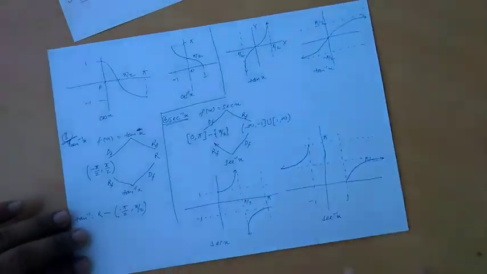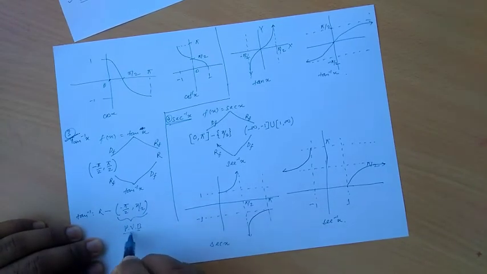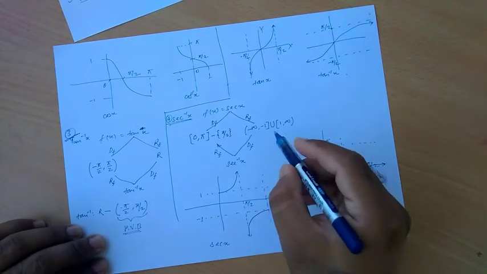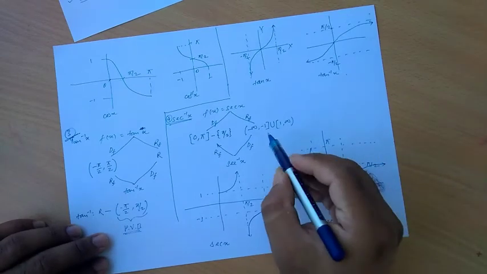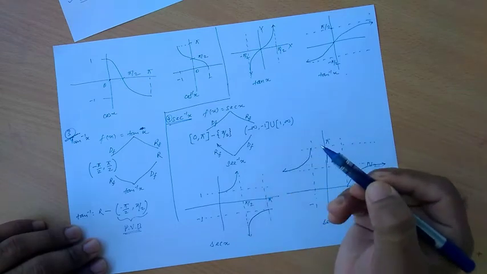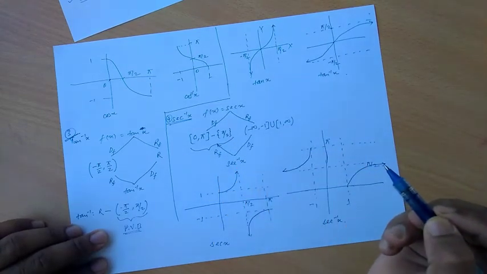Here also we can see this one, we can consider that this is also the principal value branch for tan inverse x, and for sec inverse x, this is the principal value branch.